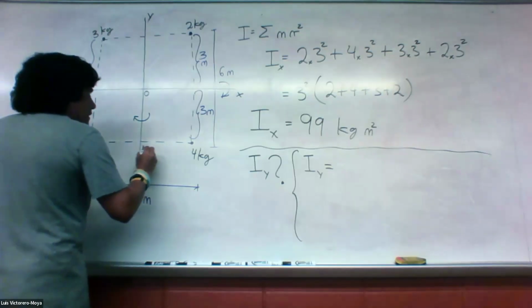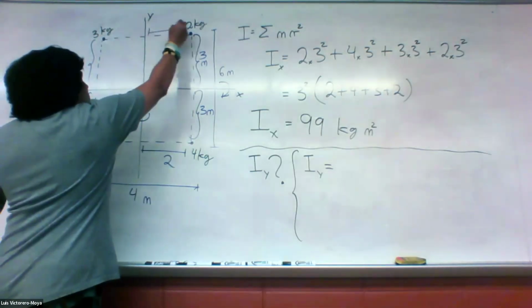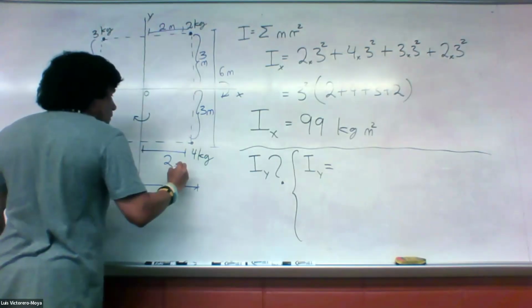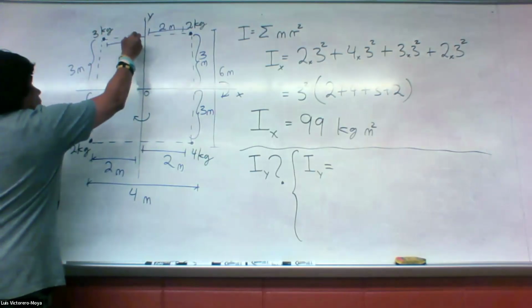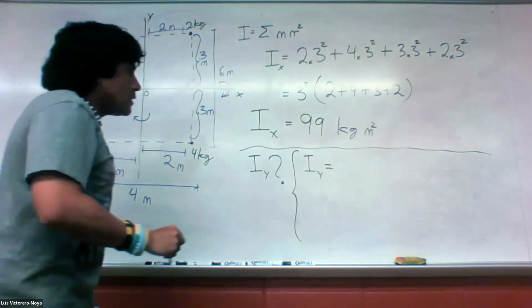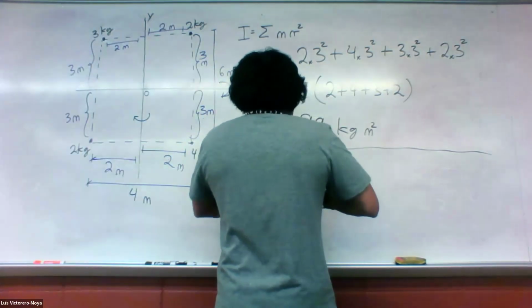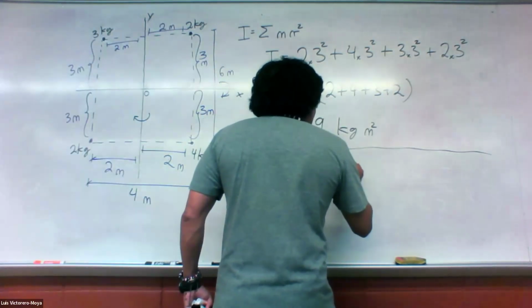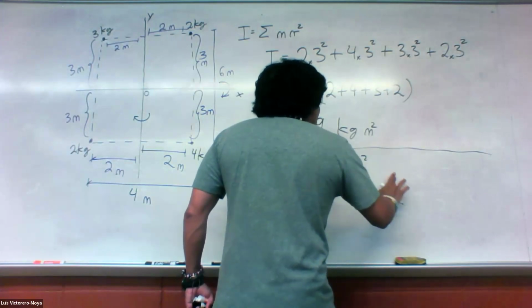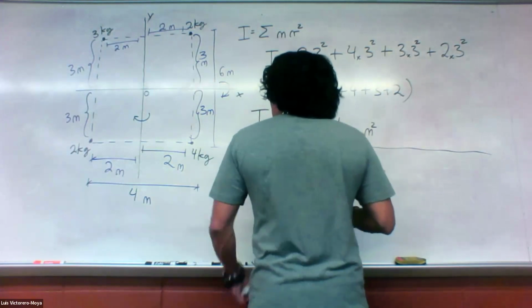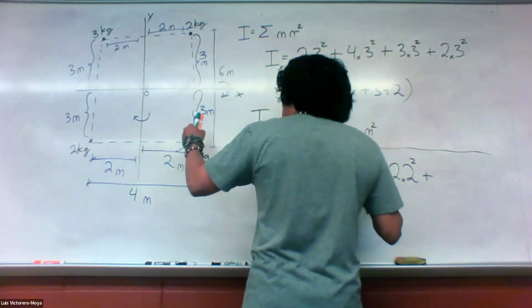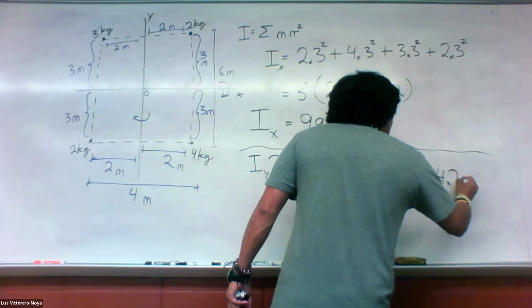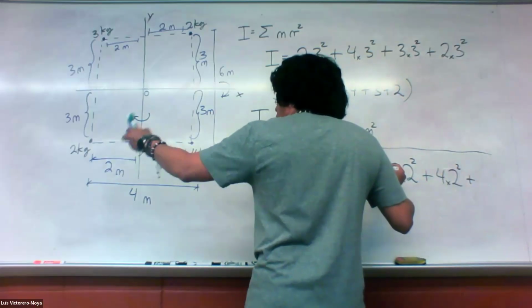Instead of 3 squared, would it be 2 squared? Yeah. 2, 2, 2, and 2. Yeah. So it will be 3 times 2 squared plus 2 times 2 squared plus 4 times 2 squared plus 2 times 2 squared.